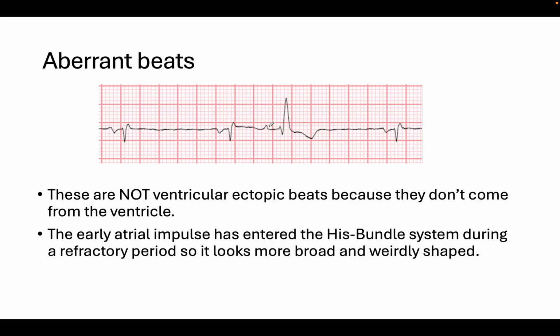And a good way to really recognize them is that you might see a funny looking P wave preceding the weird looking beat, and that will usually give it away that it is an early atrial impulse as opposed to something coming from the ventricles. But if you were to call this a ventricular ectopic, I think it wouldn't make that much of a difference to the patient, but it's something to be aware of.